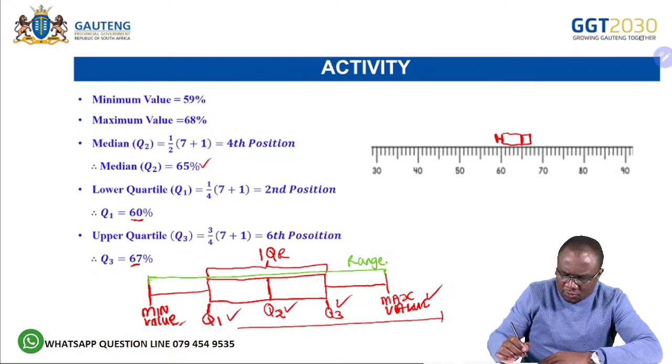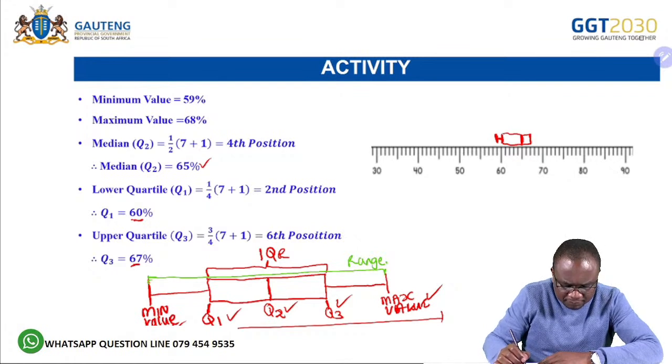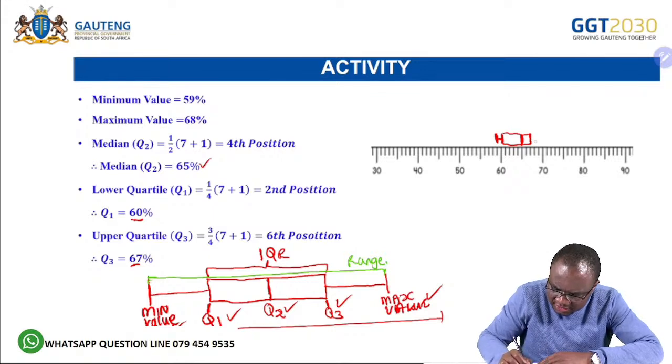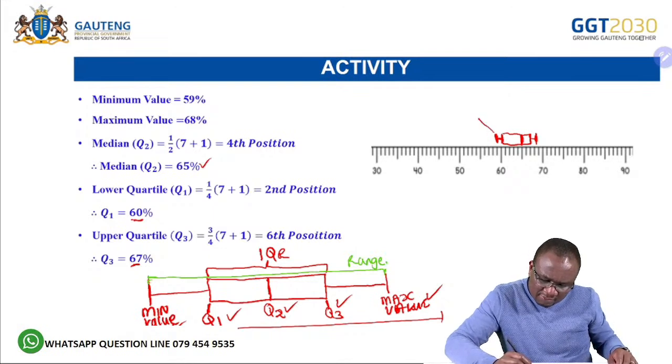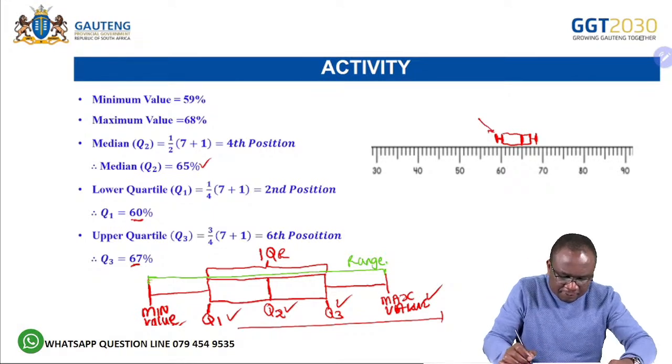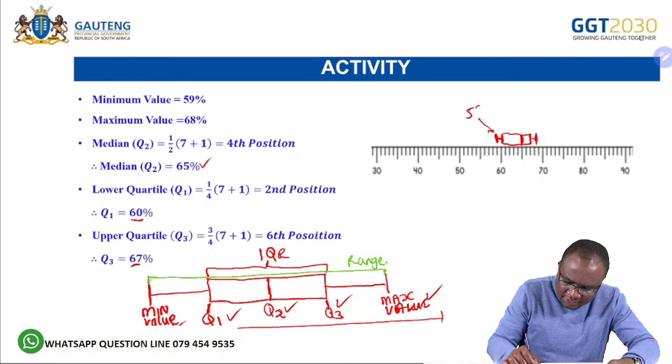And then where is the maximum? The maximum is 68, very close to 67 there, you see? Right, perfect. But you can see that, okay? You see, this is the box and whisker. This is the minimum value here, which is 59%.